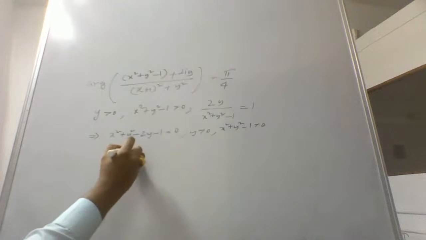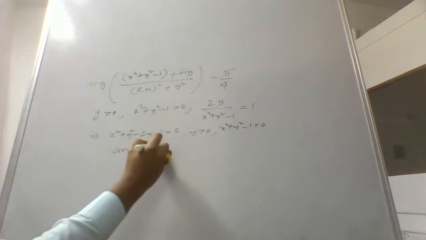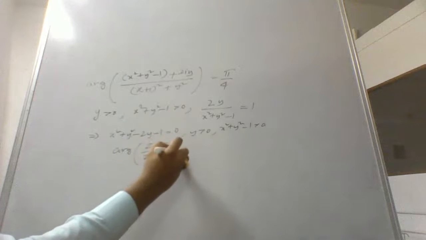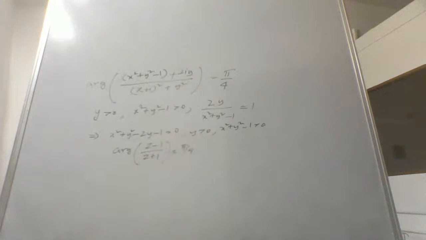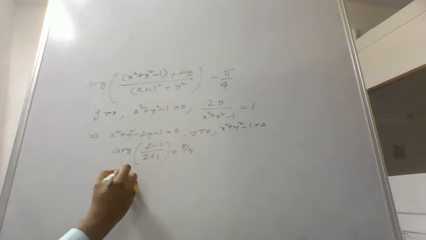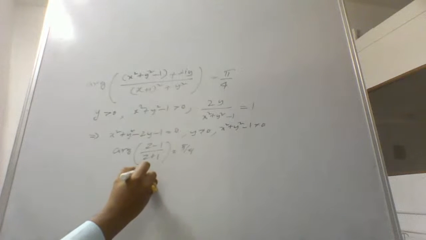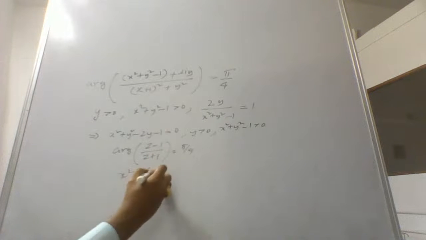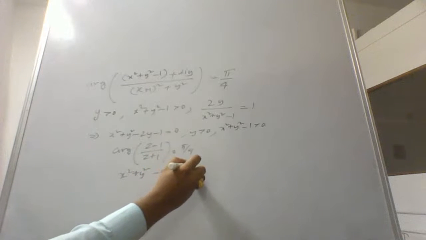The arg of this, that is, (z minus 1) divided by (z plus 1), is pi by 4, which is given. Now for this, there is an arc of the circle x square plus y square minus 2y minus 1 is equal to 0.